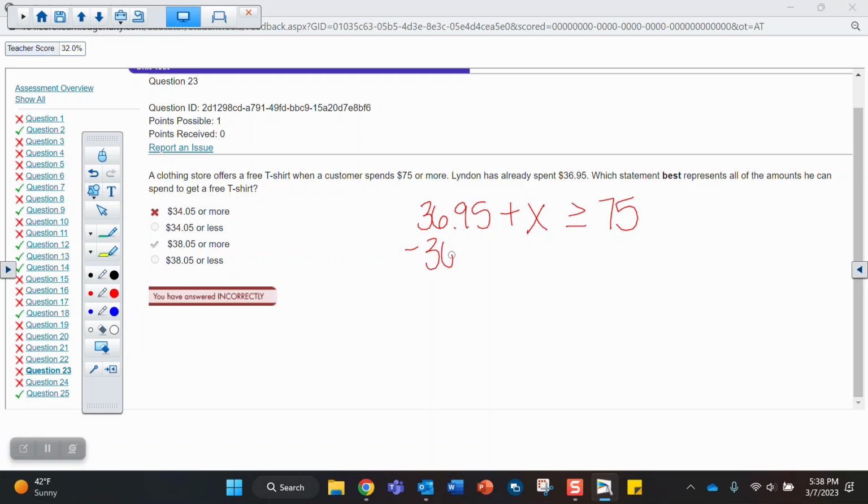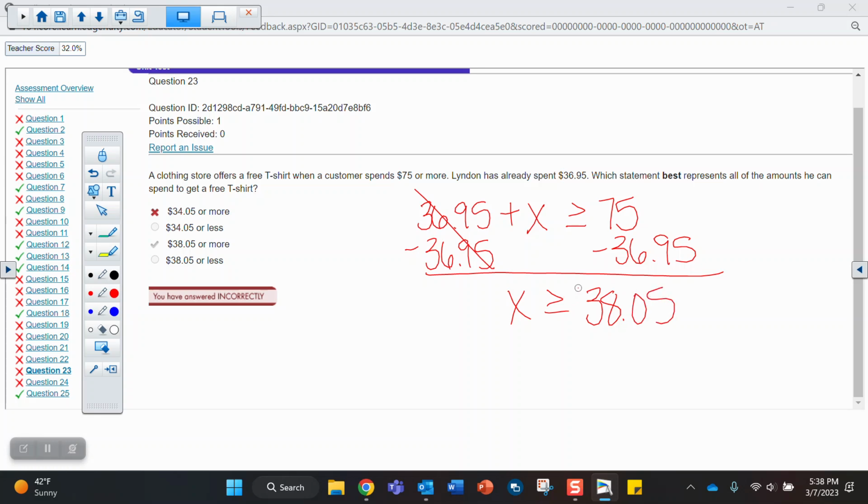So when we subtract $36.95 from both sides, we get x must be greater than or equal to 75 minus 36.95, which is $38.05. So he needs to spend $38.05 or more.